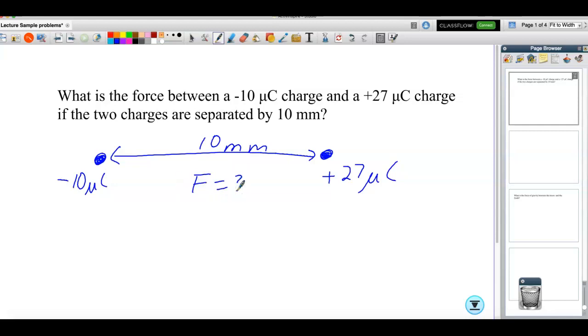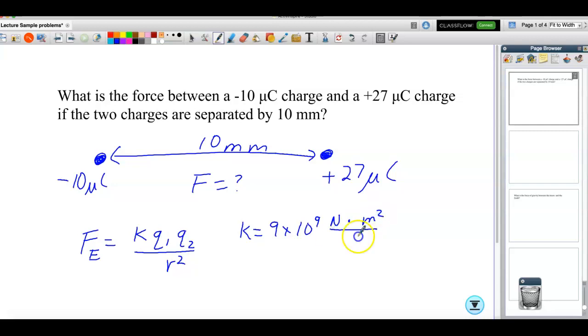So, it looks like we're going to use Coulomb's law. If you remember Coulomb's law, the force of the electric field is K Q1 Q2 over R squared. So, that's our equation. Remember, K was Coulomb's constant. That is 9 times 10 to the 9th newtons times meter squared over Coulomb squared.